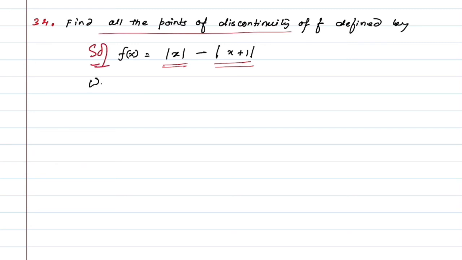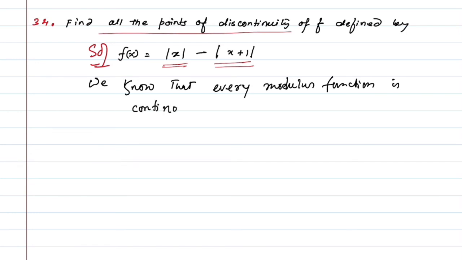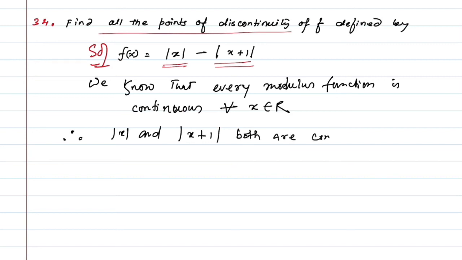So we know that every modulus function is continuous for all x belongs to R. Therefore, mod of x minus 1 and mod of x plus 1 are both continuous for all x belongs to R. Therefore, this given function is the difference of these two functions.